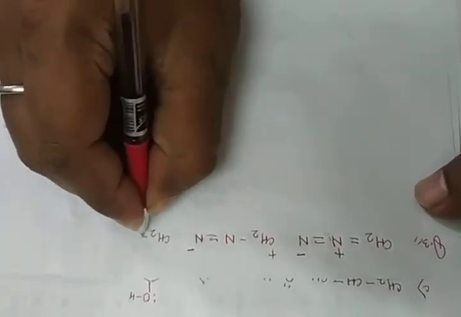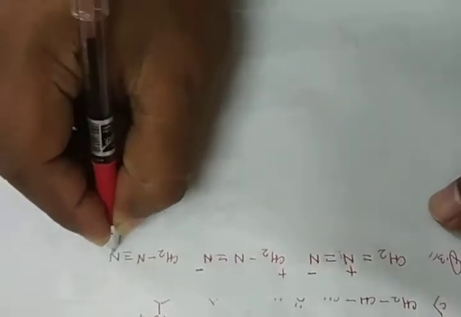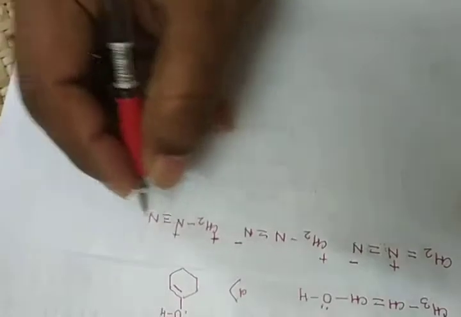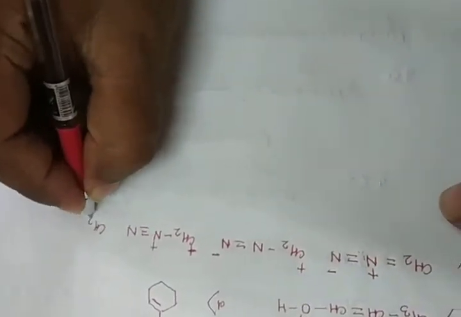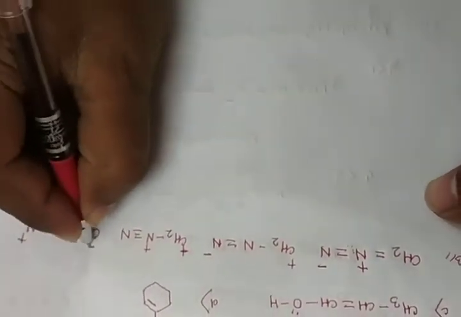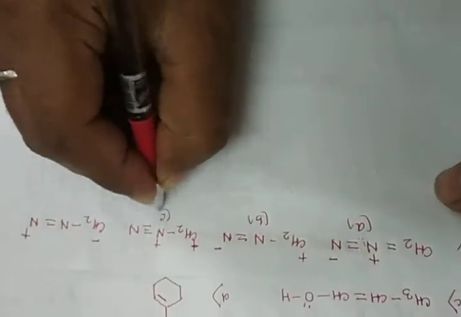CS2 single bond N triple bond N, and this nitrogen contains negative and this carbon contains positive. CS2 single bond N double bond N, there is a positive, there is a negative. These are compounds A, B, C and D.